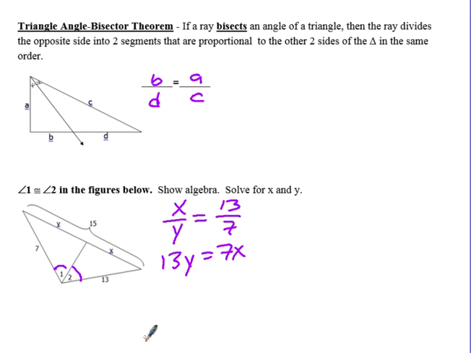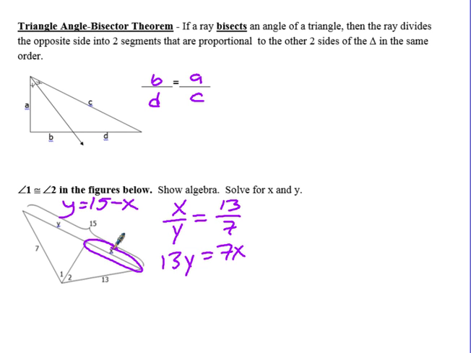There are a couple of different ways you can go about doing this, but one way we're going to look at here is to notice that this whole side length is 15. So I'm going to rewrite y in terms of x. Instead of calling it y, I'm going to call it 15 minus x. Basically, if I have this whole piece that's 15 and I break off this piece and take it away, that's going to give me what's left over.